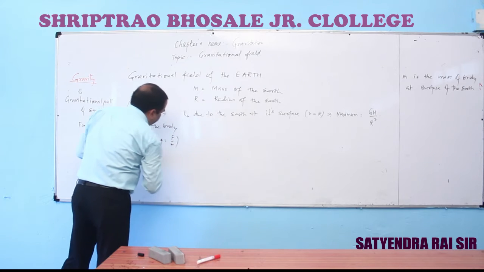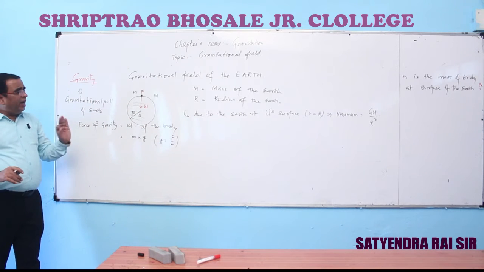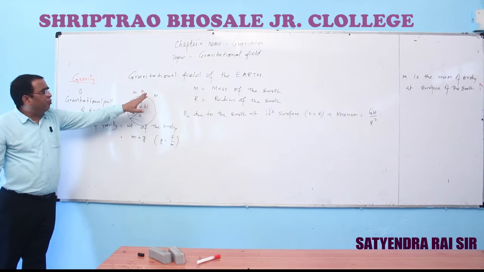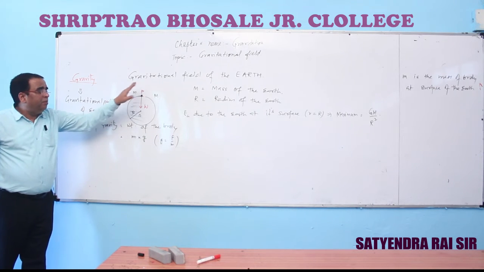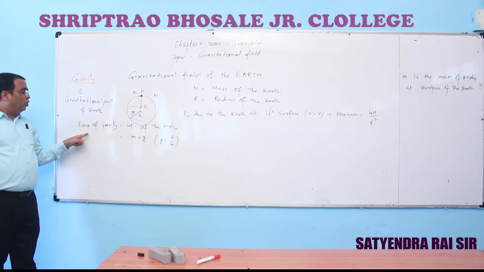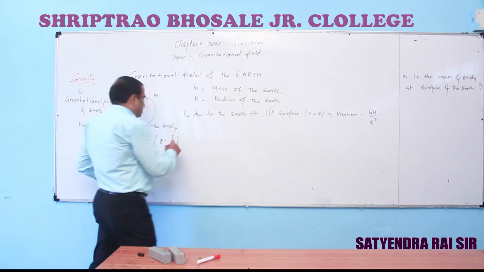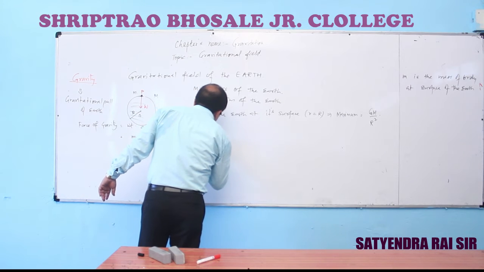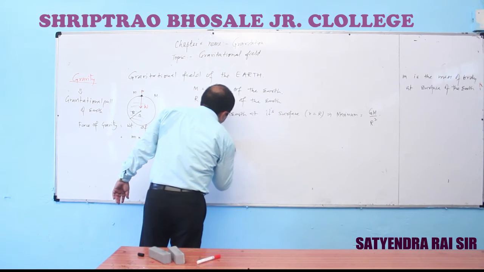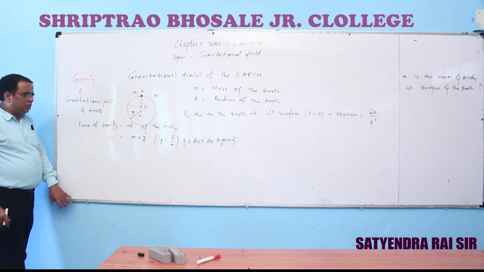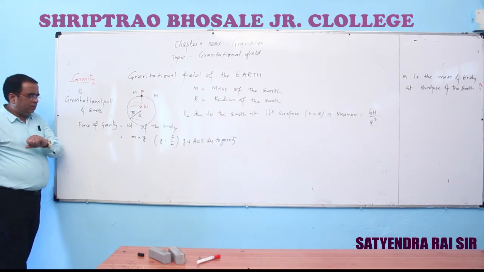So it is nothing but acceleration. This acceleration is provided to the body of mass small m by our planet Earth, and this acceleration is due to the force of gravity. So that's why the term g is called acceleration due to gravity. Check over here. Acceleration due to gravity. This is force by mass.